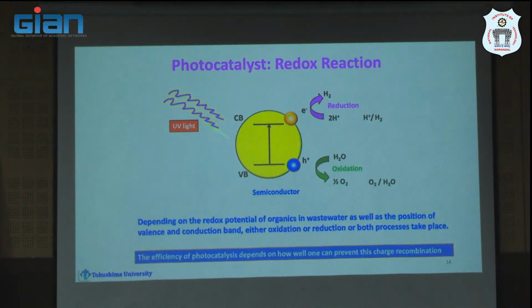Light is coming on the semiconductor or photocatalyst, and with the help of light, oxidation and reduction processes occur. This means movement of charged particles. The charged particles should move fast to give better results and efficiency. So the efficiency of photocatalysis depends on how one can prevent charge recombination. Charge recombination concerns how fast the electron and hole move.